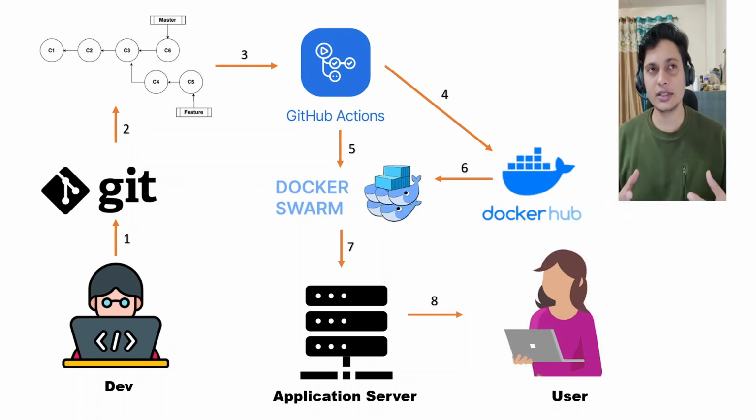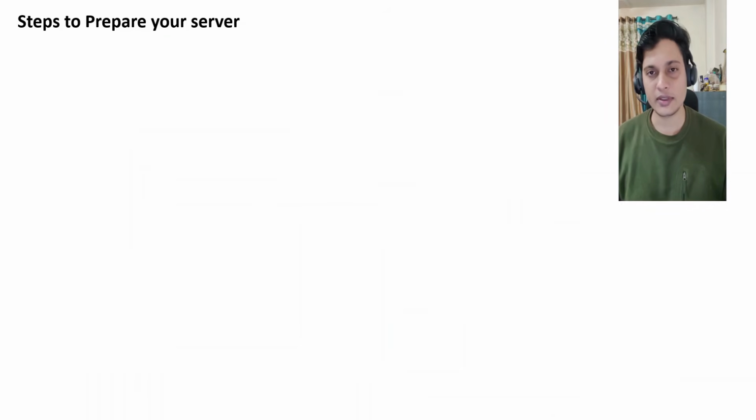And also this application server will watch the GitHub Action for any further commands. So we need to create a setup between the application server and this GitHub Action. For that only we have these steps to prepare your server.